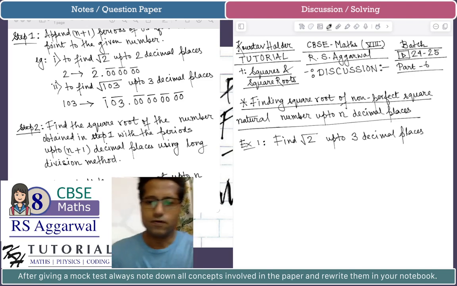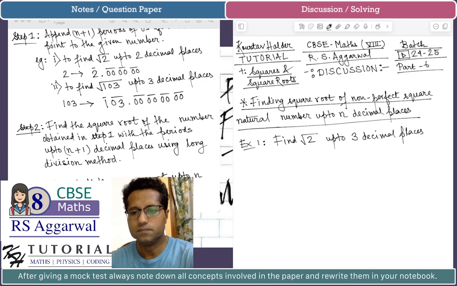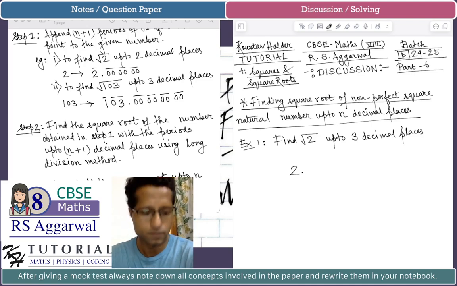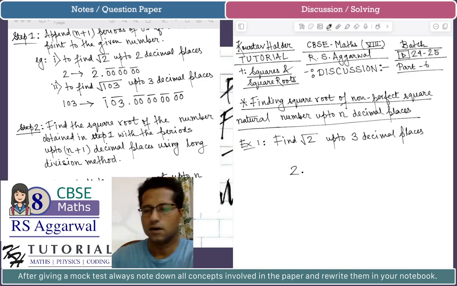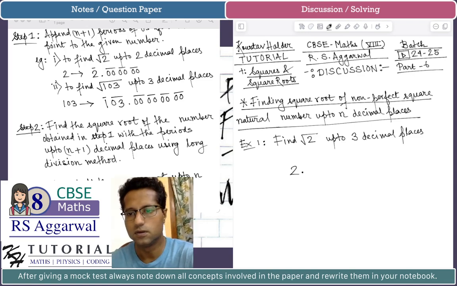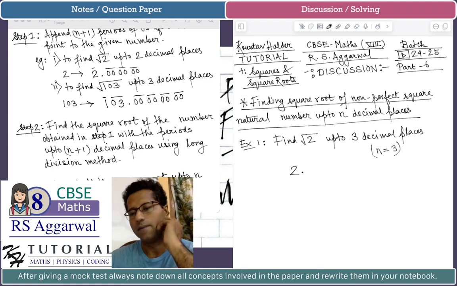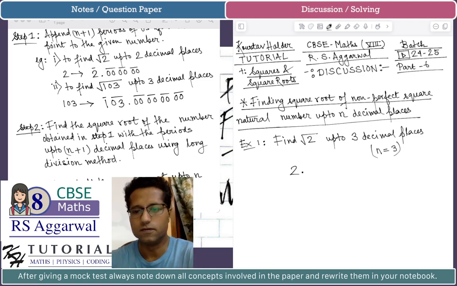First, we take the number 2, we put the decimal point, and since it is asked to find the square root up to 3 decimal places, n equals 3, so we have to append 4 periods of zeros.